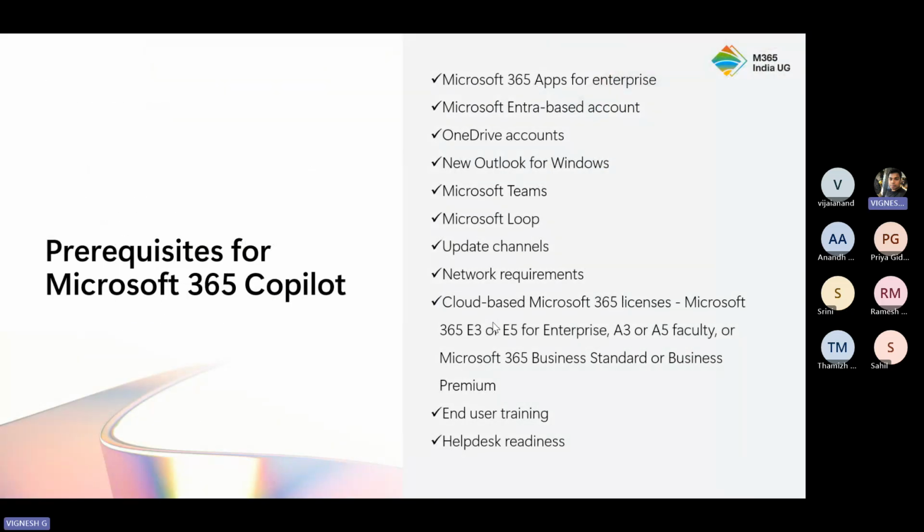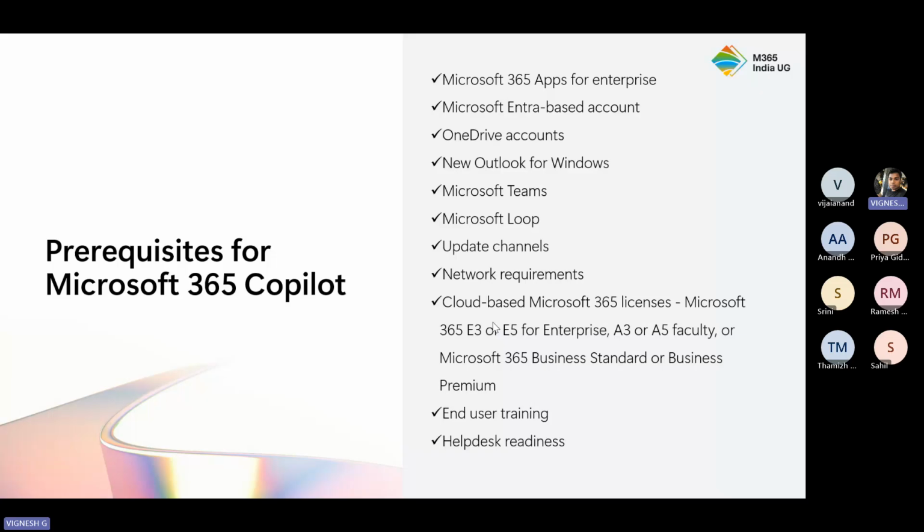So, prerequisites for Microsoft 365 Copilot, keeping the licensing piece apart. There have been numerous conversations about what the base licensing should be. Does Microsoft 365 E5 encompass Copilot for Microsoft 365 as well? Because initially when this product came out, people thought that as long as I have an E5, I'll also be getting Copilot for Microsoft 365, but that's wrong.